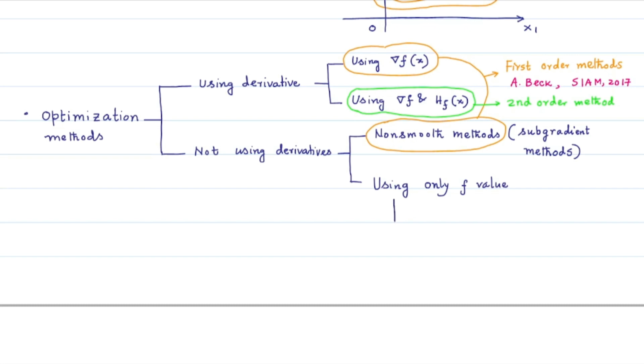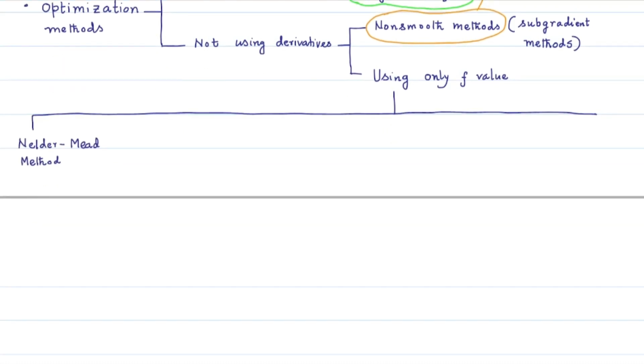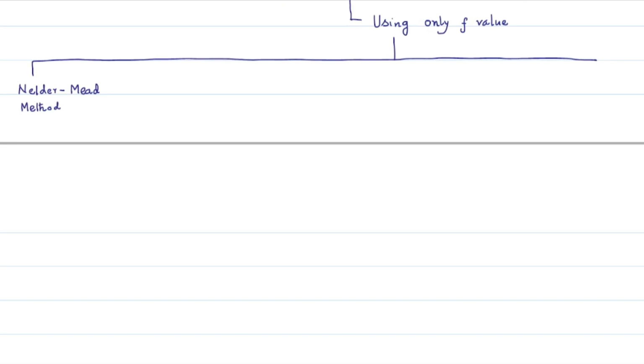One of the most popular methods that use only the function values is the Nelder-Mead method. Another few popular methods that use only the function values are the cyclic coordinate method, the Hooke and Jeeves method, and the Rosenbrock method.